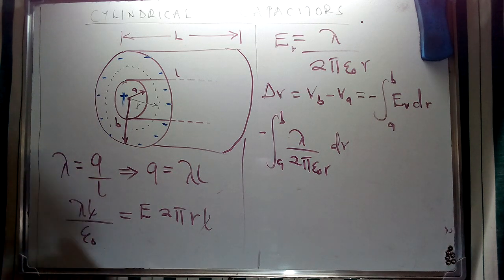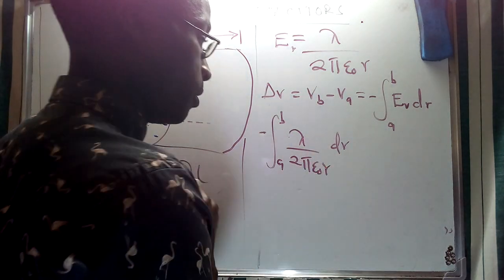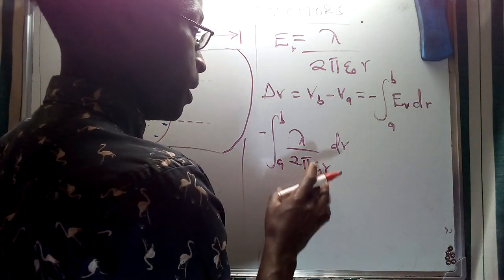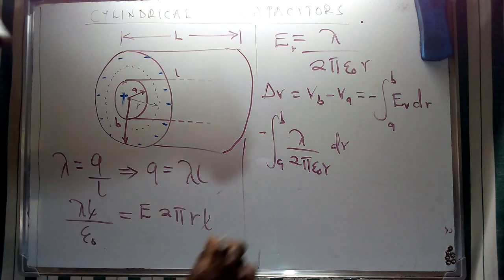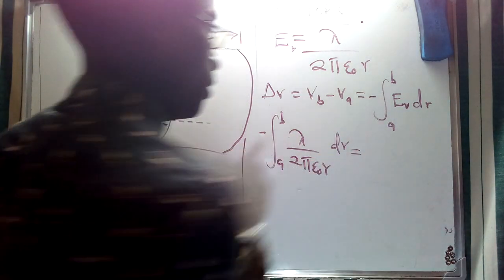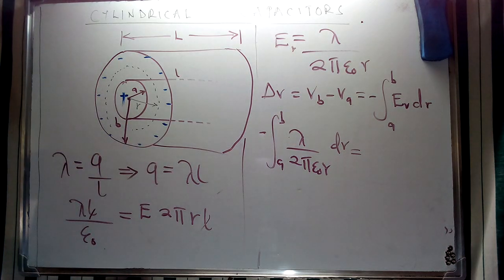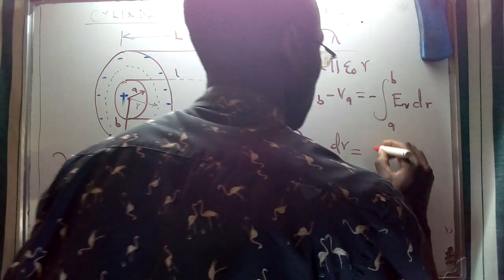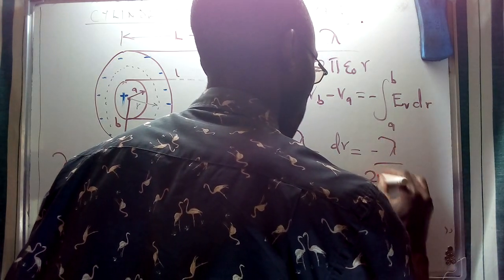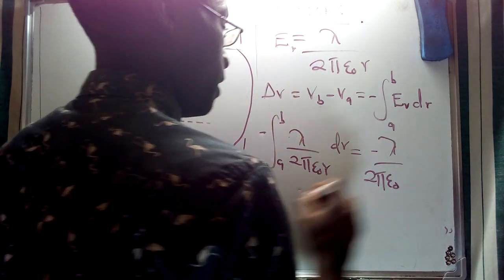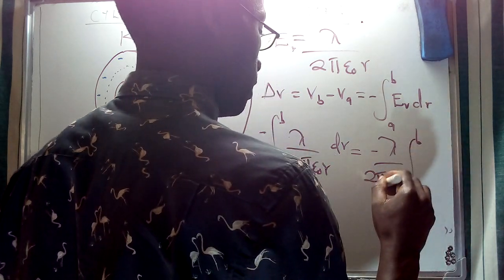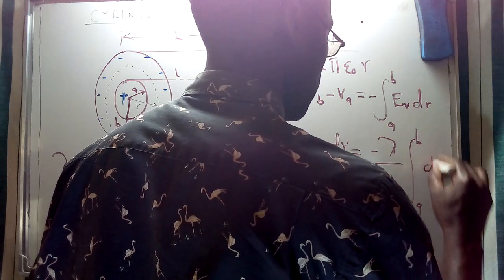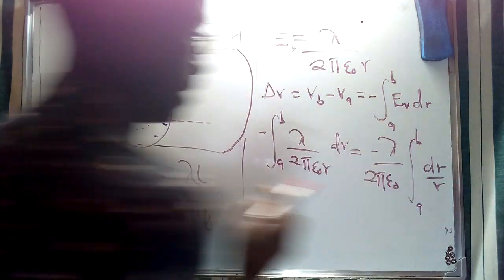From the laws of integration, we're going to take the constant out, the negative lambda over 2 pi epsilon naught, that one is a constant, from B to A, and then we are going to have dr over R given over that specific range.